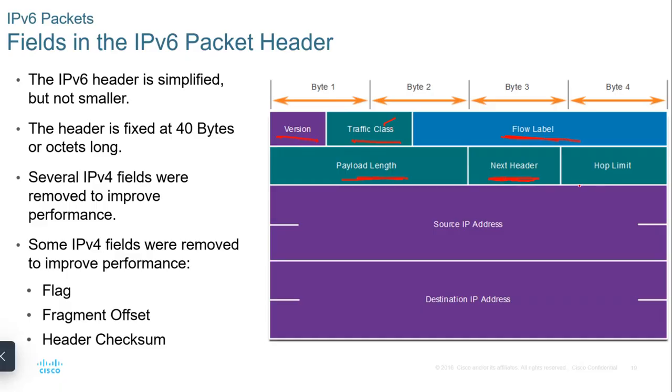Is it UDP? Is it TCP? Then hop limit, which is the same as time to live. And then we have source and destination addresses. These are there to direct the packet: where is it from and where is it heading.